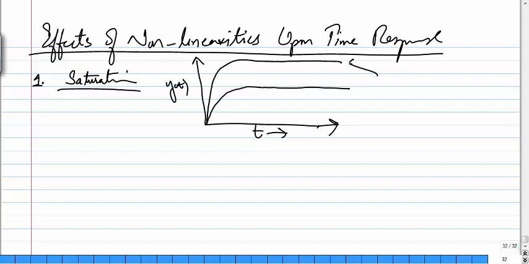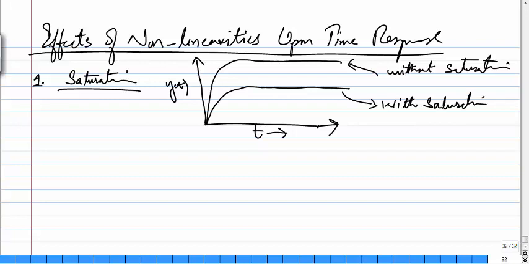So this is without saturation, and this is with saturation. It means that the response is stuck in between. So this is the effect of saturation.